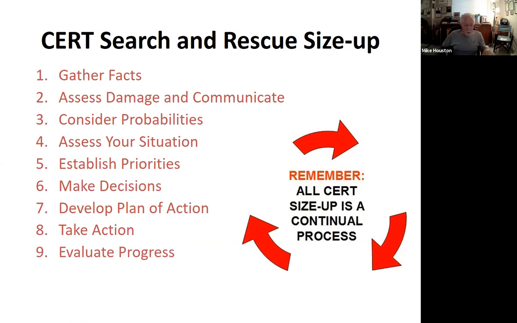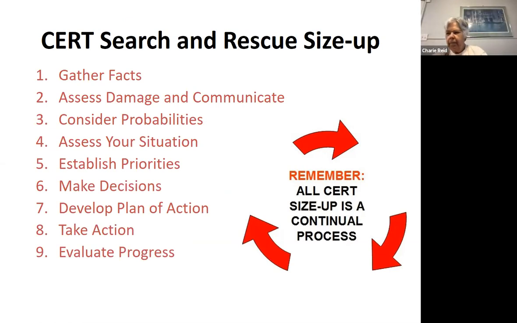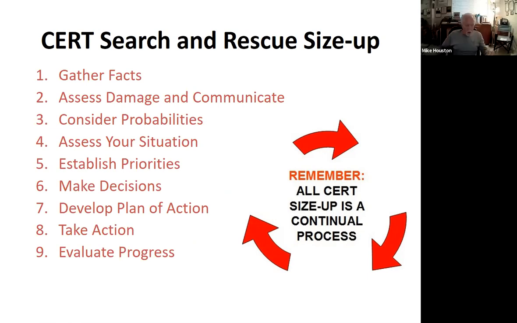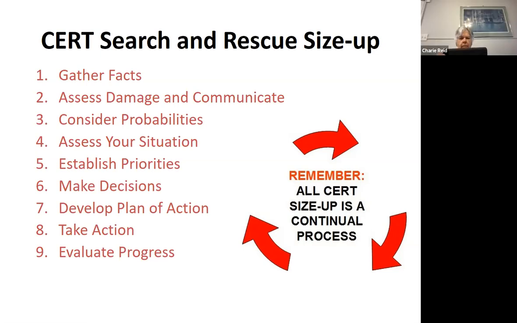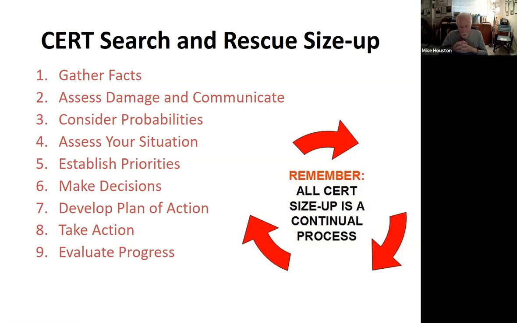In most of the classes that I've taught, I'll use an example of somebody coming running up and screaming and yelling that there's a person who's laying down or yelling for help, and they're in the backyard of 352 Flaming Oak Drive in Pleasant Hill, and you need to go rescue them right away. And then they go running off.